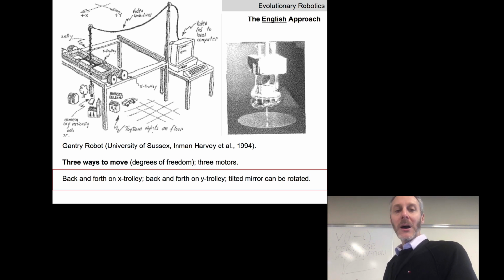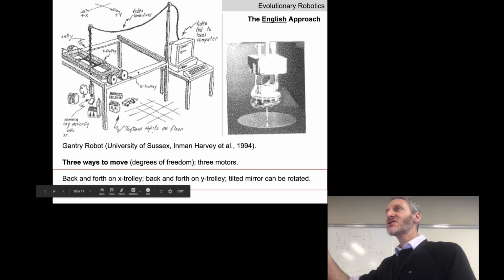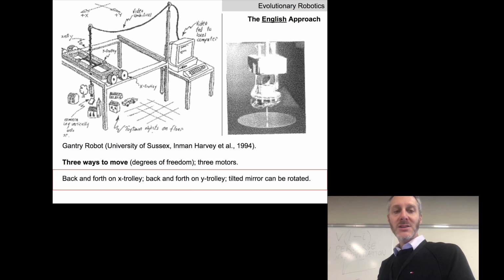As you can see, the robot was basically a trolley. They took a table, they sawed out the top of the table, and then they put on top of the table the X trolley. And the X trolley has a motor on it, which turns the wheels of the X trolley, which causes the trolley to move back and forth along the X axis of the table.